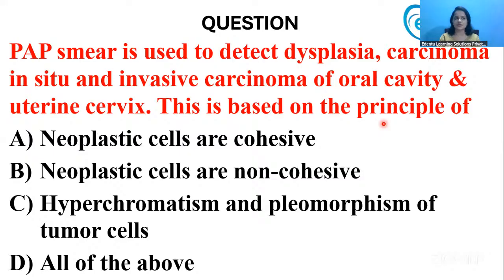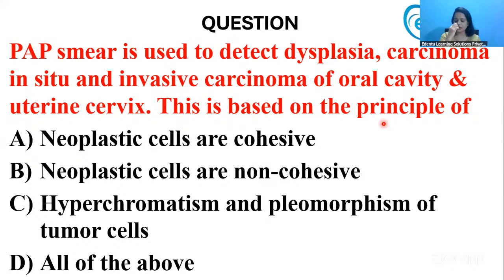Exfoliative cytology is one of the basic techniques, okay, to detect dysplasia and invasive carcinoma and all. So what we do in this Papanicolaou staining is we take a diagnostic stick, and if it is a white lesion, we can scrape the particular lesion at the particular area of interest, and then we can take a microscopic slide and just smear it.